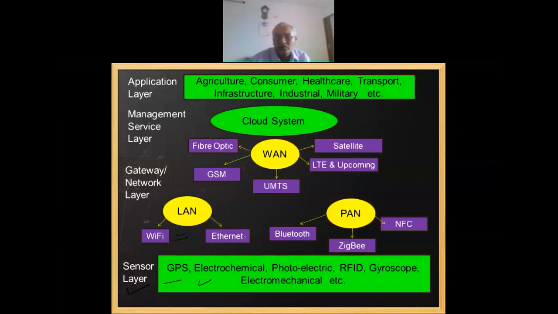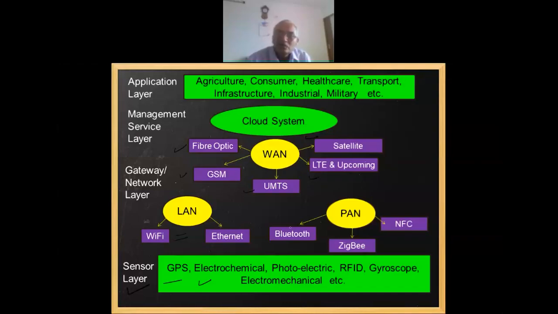If I want to control the devices from Rajkot to Nagpur, I have to use the cloud system, so I have to go for a wide area network. In a wide area network, as you told, there may be satellite, fiber optic, or LTE, that is 3G, 4G, 5G wireless communication systems. UMTS is also part of it.